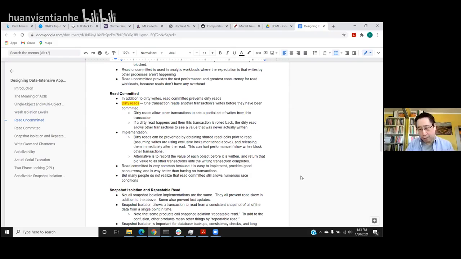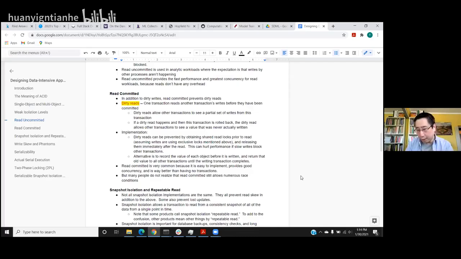Generally speaking, vendors don't implement that because there's so much read activity that it would be a lot of lock activity. So instead, they use an implementation where only one person can be writing something at a time, because once you get an exclusive lock, you're the only person. If only one person can be writing a particular record at a time, there can be at most two values, the before and the after. So they implement a special mechanism where, at the same time that you get a write lock, the system keeps track of what the value was before you got the write lock.